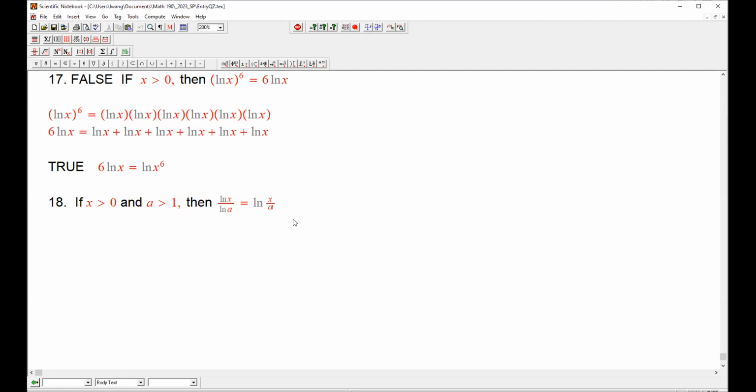This is one of those terrible, horrible, extremely bad mistakes, which confuses the change of base formula with the quotient rule.